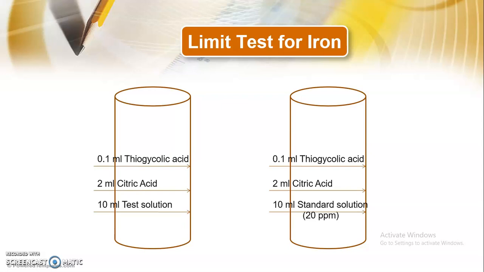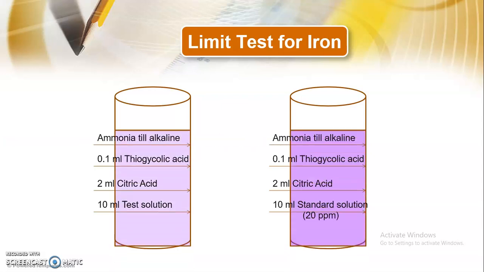So once we have added the 0.1 ml of thioglycolic acid, first it will convert ferric into the ferrous, and then it will react with the ferrous to form the thioglycolic acid complex. As soon as we add the ammonia until alkaline, the purple colored complex is formed between the thioglycolic acid and the ferrous.